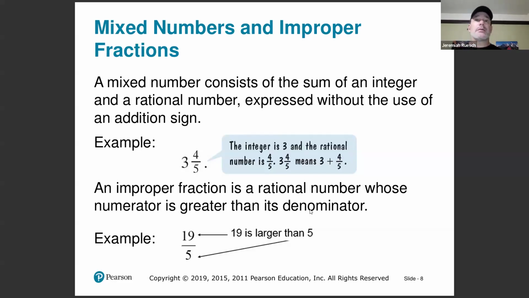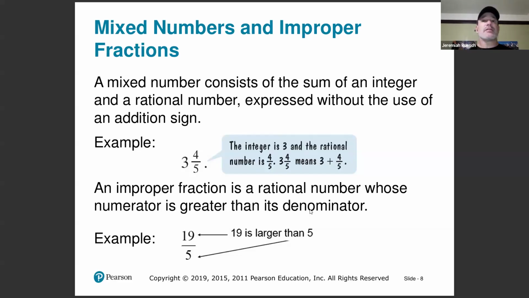And to do that, you're going to take the denominator and multiply it by the whole number part. So if we're looking at the example here, 3 and 4/5, 3 times 5 gives you 15, and then you add the numerator. So 15 plus 4 gives you 19.